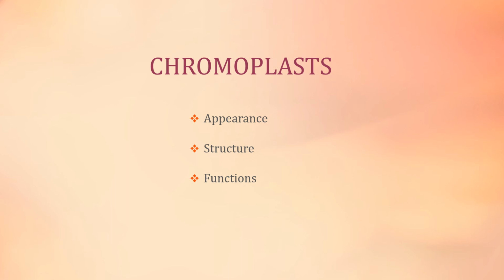Structure. Chromoplasts vary in structural appearance under an electron microscope. They may generally be grouped into five types: globular, crystalline, fibrillar, tubular, and membranous. Functions. Chromoplasts are found in fruits, flowers, roots, and leaves, and are responsible for their distinct colors.